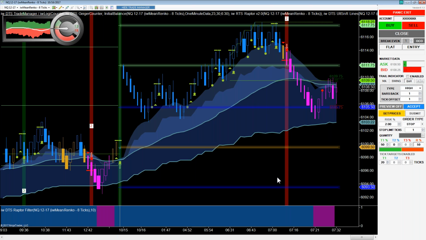Okay, well, the Raptor filter is actually the whole Eagle trend trader. It's all been programmed into here. So if the Raptor is blue, the Eagle trend trader will be long. If the Raptor is red, the Eagle trend trader will be short.